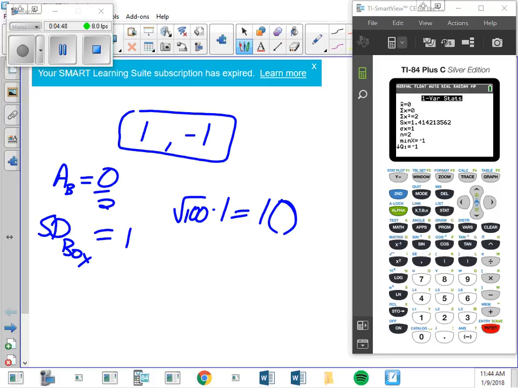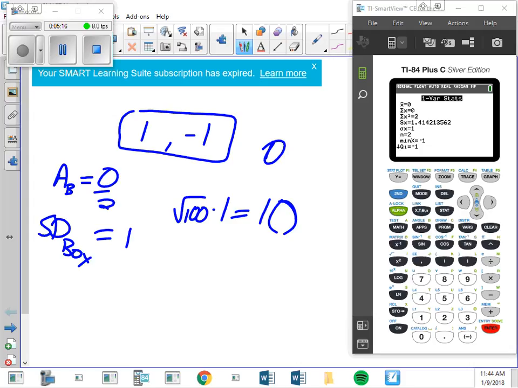So my expected value after 100 draws is $0. But 68% of the people will be between 10 and -10. Now that's quite a big difference, right? But the more times we play, the closer we would expect to be percentage-wise.